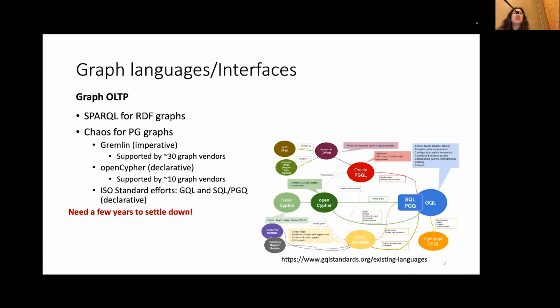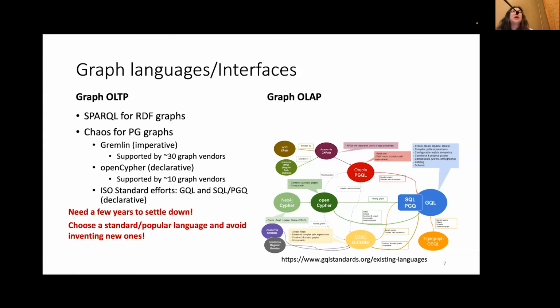Before all the standards are out, I think it's still going to take a few years for the standardization to settle down because there are a lot of applications already written in various existing graph languages. In the meantime, if you're building a new graph database, I highly recommend you adopt the standard, or if the standard is not there, adopt a popular language and definitely avoid inventing a new one.